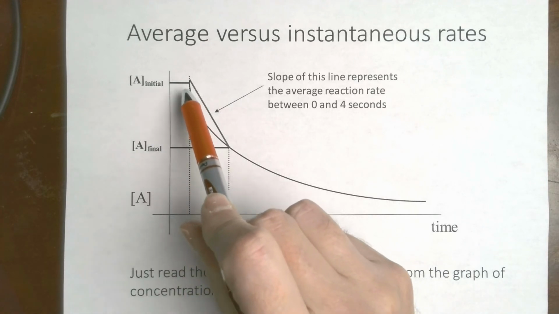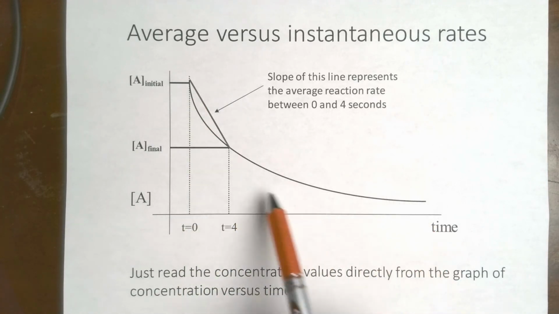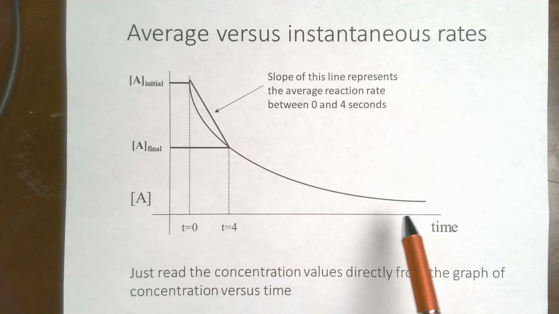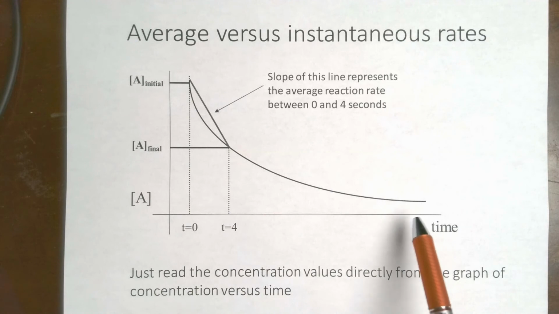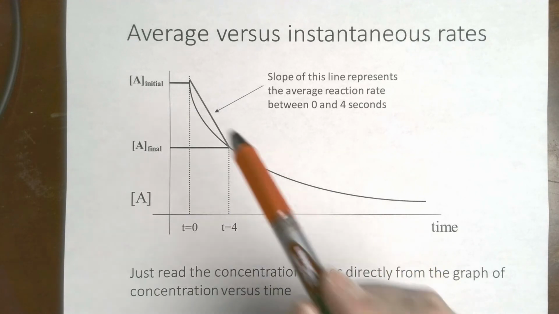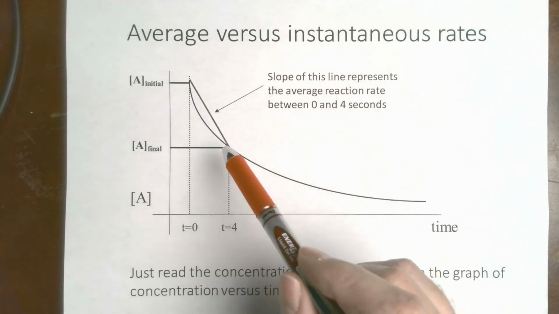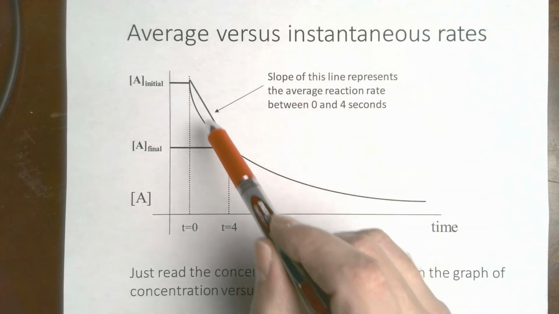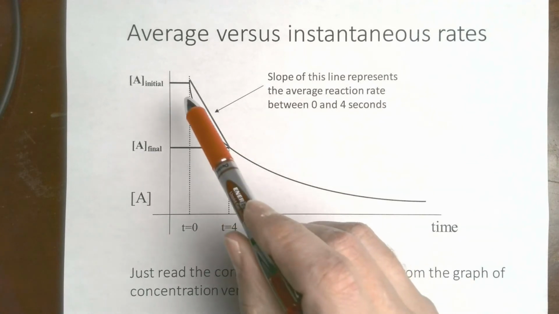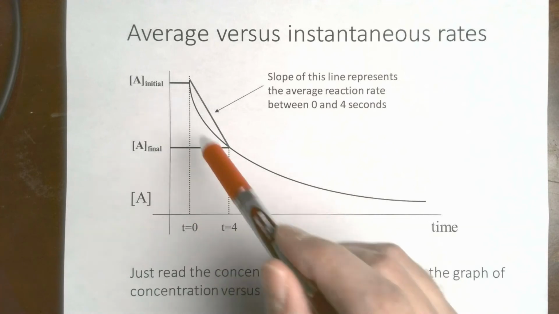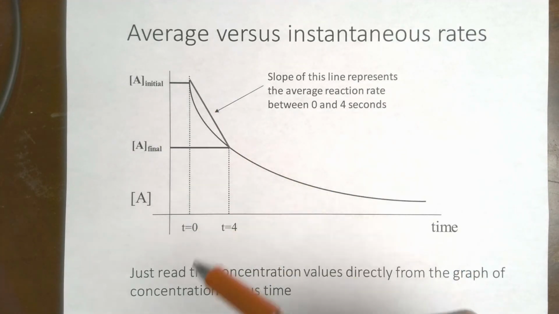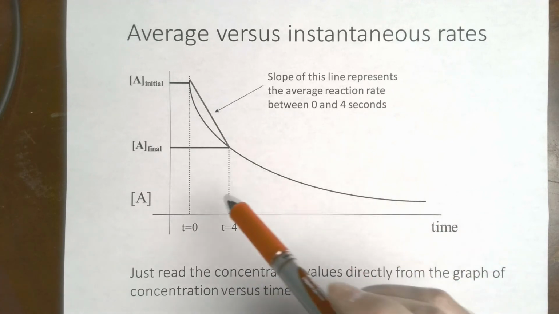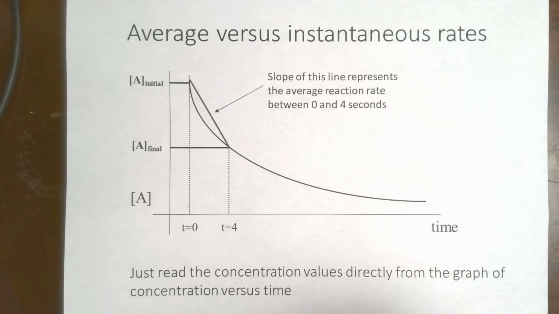First we have this curved line, which represents the changing concentration of the analyte versus time. Then we have this straight line, which represents the average rate of change between time equals 0 and time equals 4. The slope of that line tells us what the average reaction rate will be between those two times.